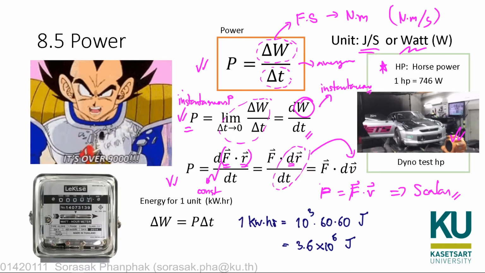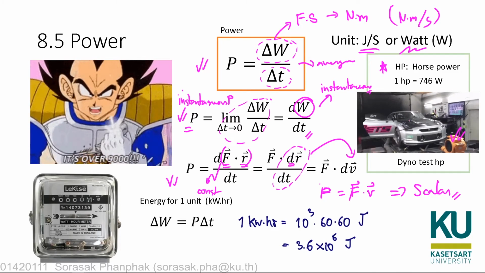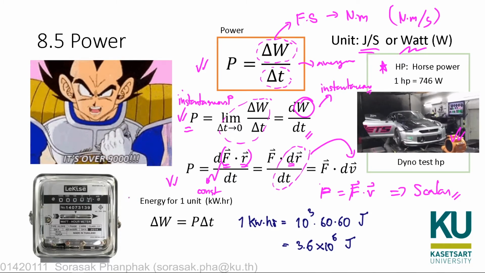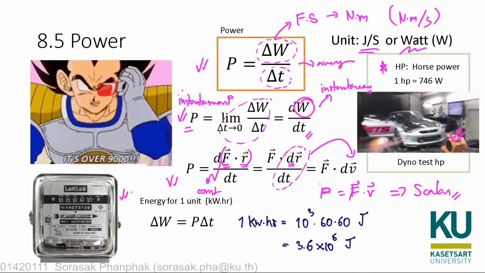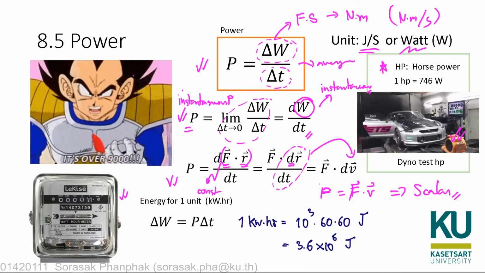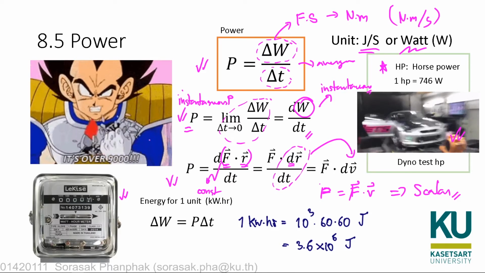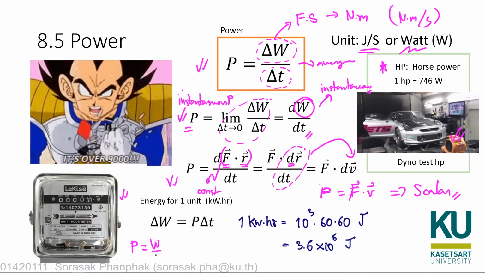This dyno test can be used to check how powerful the engine is. You also know that to quantify power or the consumption of electric energy, we use kilowatt hour meters, since power is work over time.